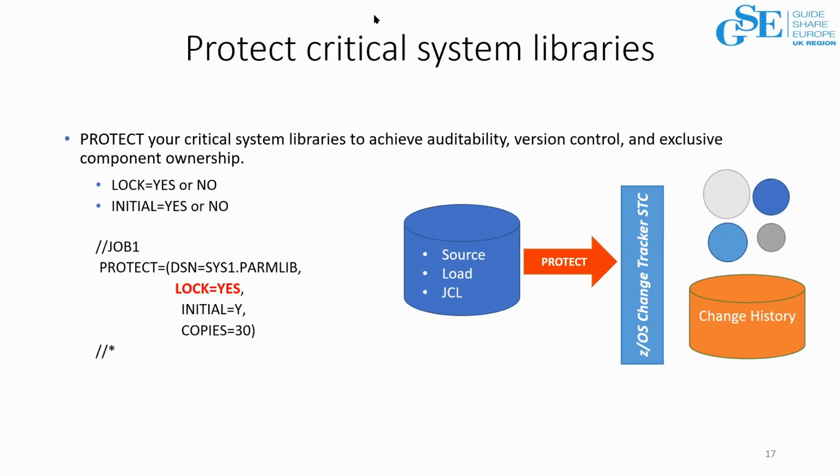Initially equals yes means we are going to take a backup copy of the data set when it's first protected, and then we are going to keep subsequent copies, up to 30 copies of each individual member. If we specified copies equals 0 instead of copies equals 30, it would keep the copies of the members in the data set ad infinitum.